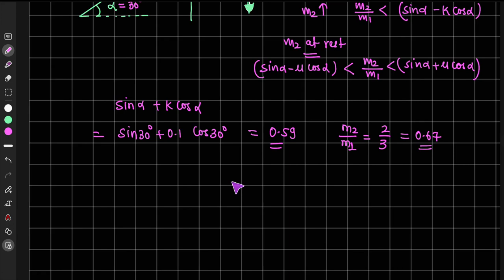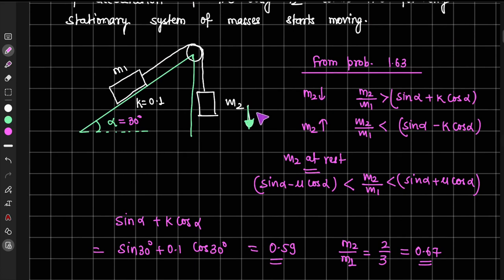We can see here that m2 by m1 is greater than sin alpha plus mu cos alpha. That means mass m2 is going in the downward direction. So this is one methodology through which we can find the direction of mass m2.